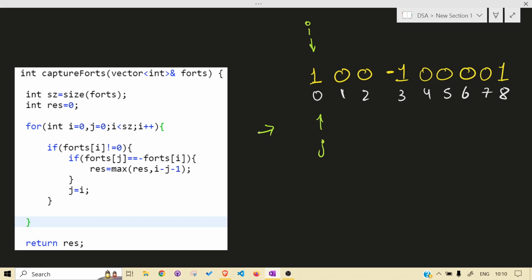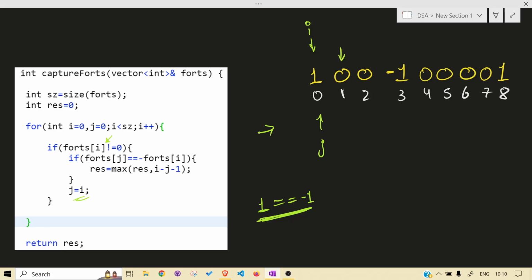This condition is encountered, it's not equal to 0. Are the signs opposite? Are these equal to each other? No. What we do? j is equal to i. So j is over here only.